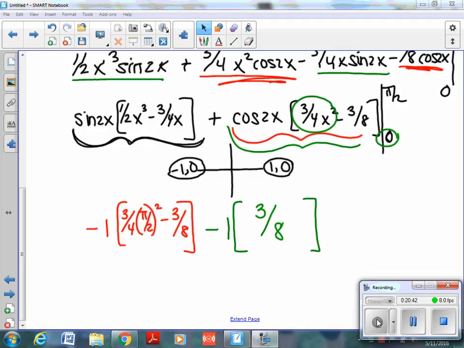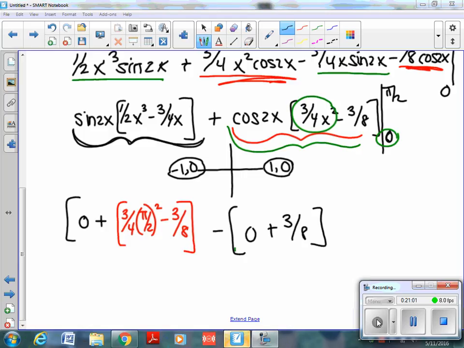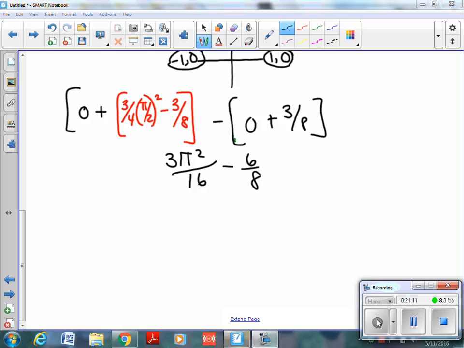For some reason, I got mixed up, but this is supposed to be 0 plus 3/4 pi squared minus 3/8 minus, well, that is a 1 there, but there needs to be a 0 there. I made plus 3/8. I can't see them putting this hard of a problem, but 3 pi squared over 16 minus 6/8, which ends up being in simplified form 3 pi squared over 16 minus 3/4.